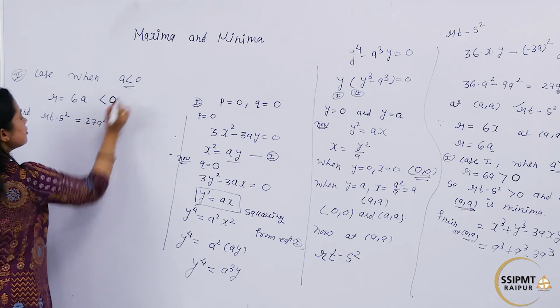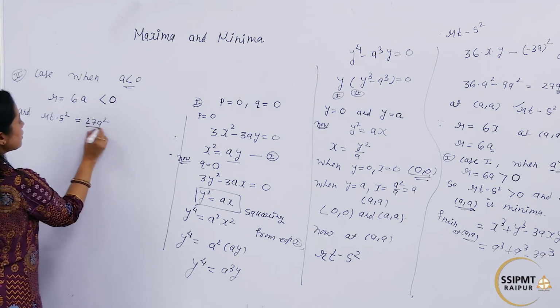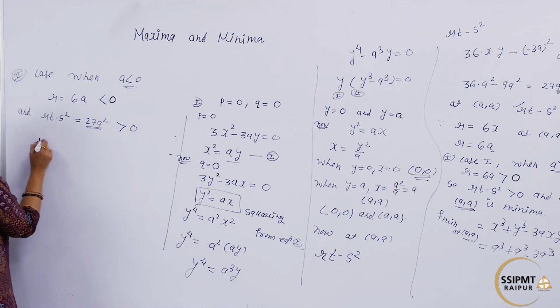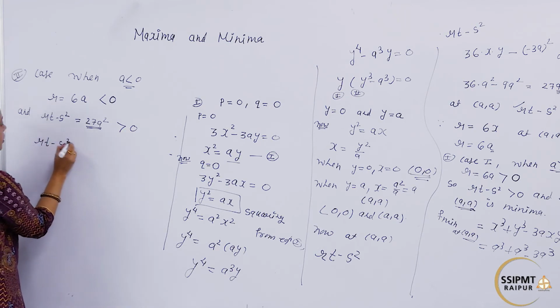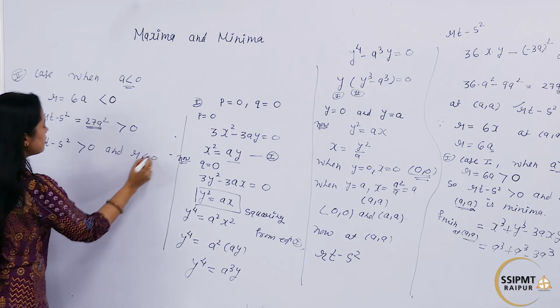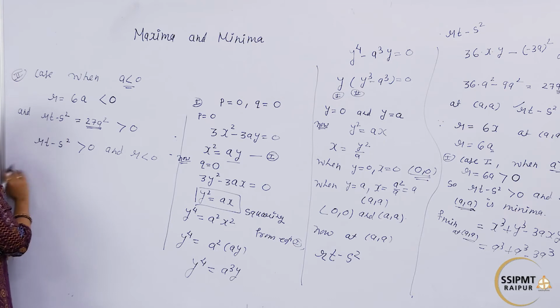Though a is negative, the value of 27a square is greater than 0. So we have the case that rt minus s square is greater than 0 and r is less than 0, which is a maxima.